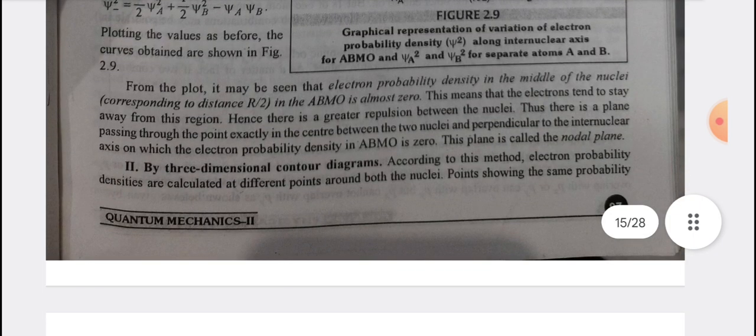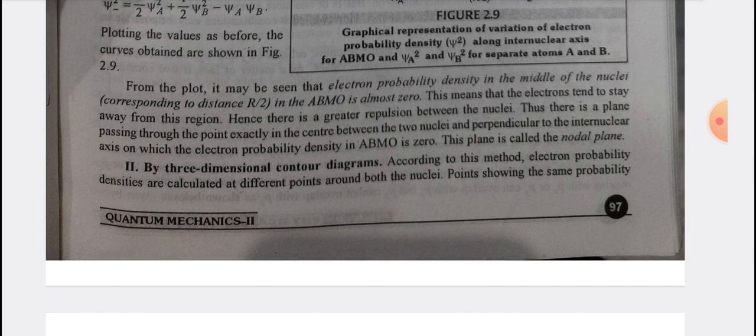From the plot, it may be seen that the electron probability density in the middle of the nuclei, corresponding to the distance r by 2, in the AMO is almost zero. This means that the electrons tend to stay away from this region, hence there is greater repulsion between the nuclei. Thus, there is a plane passing through the point exactly in the center between the two nuclei and perpendicular to the internuclear axis, on which the electron probability density in the AMO is zero. This plane is called the nodal plane.